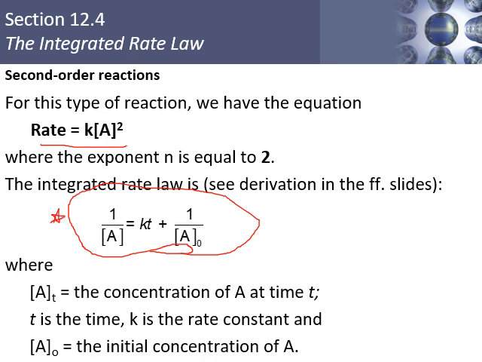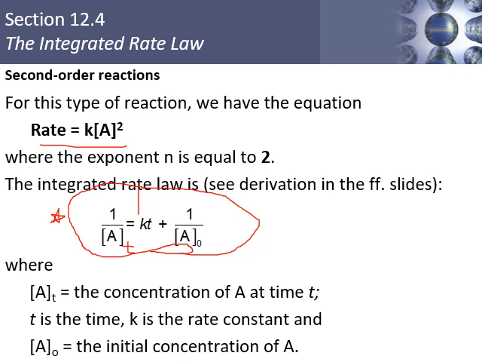And notice it has the same basic form as the zero and first order integrated rate laws, except that now instead of a sub t, and they didn't write the t here, so I'll put it in. Instead of being a sub t equals minus kt, notice there's no minus, so that's one change.